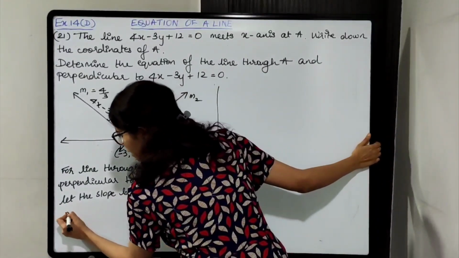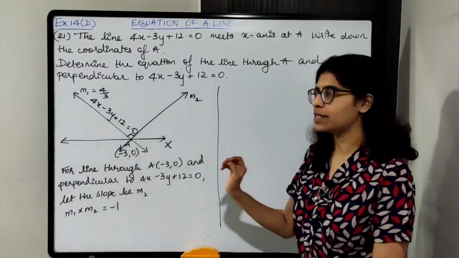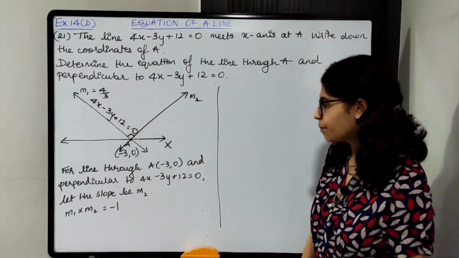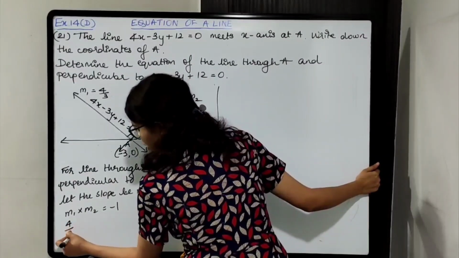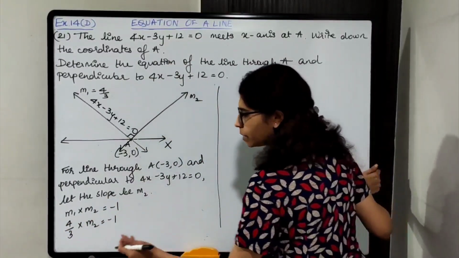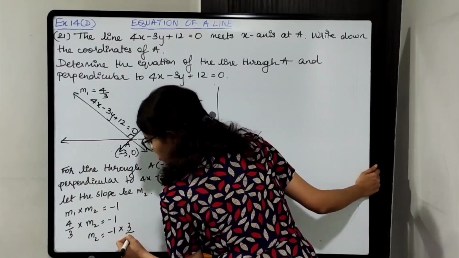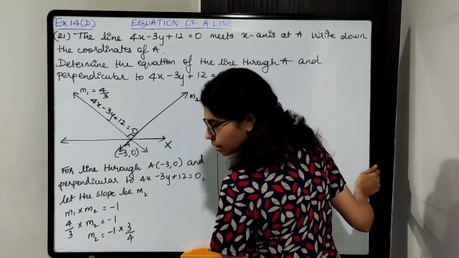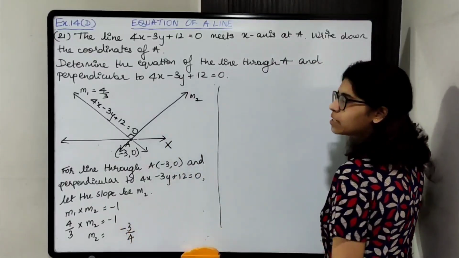Now we know that m1 into m2 will be equal to -1 because these are perpendicular lines. Okay, so m1 we found it is 4 by 3 into m2 is equal to -1. Shift this on the other side, it will become reciprocal. -1 into 3 by 4, that will give -3 by 4. Okay, so m2 minus 3 by 4 है.